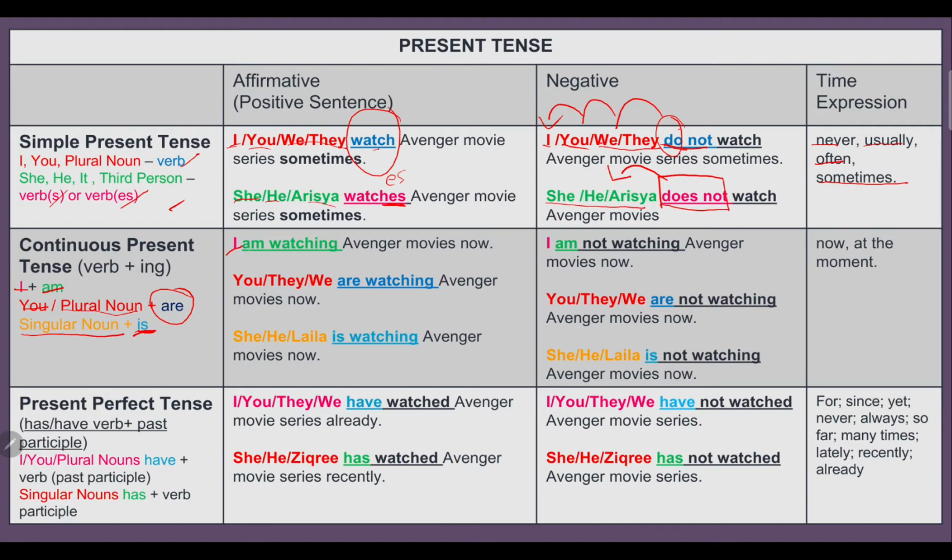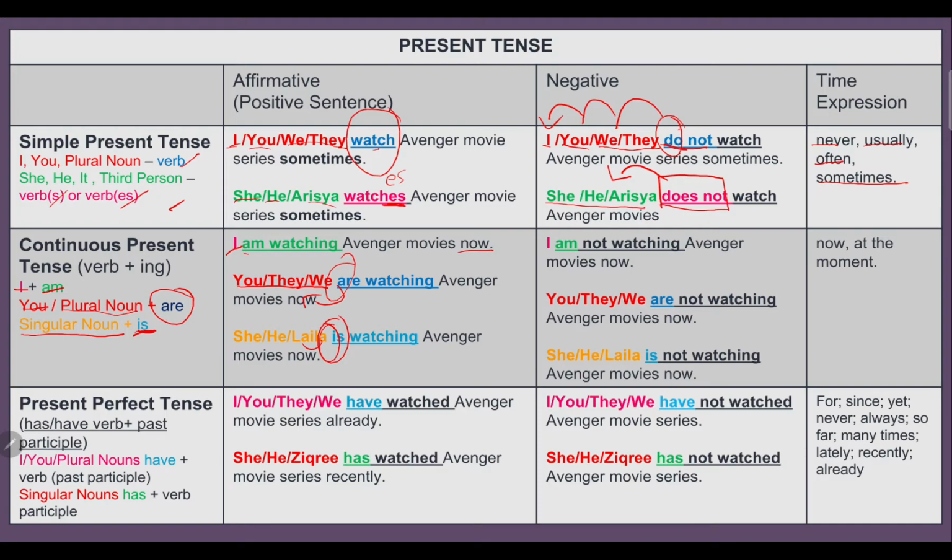I am watching adventure movies now. You, they, we are watching adventure movies now. And the singular, she, he, Layla is, so look at the difference, okay, is watching adventure movies now.